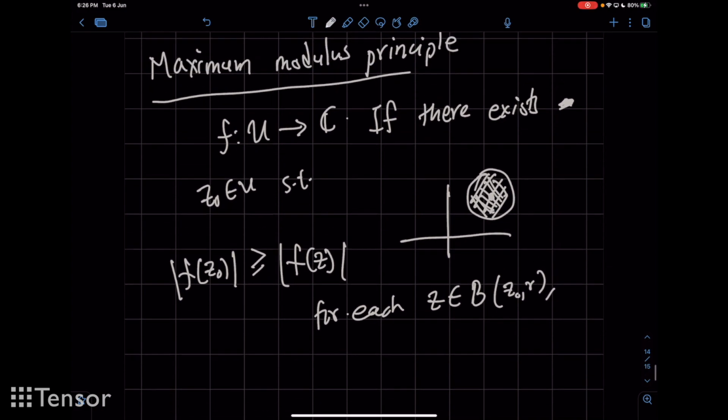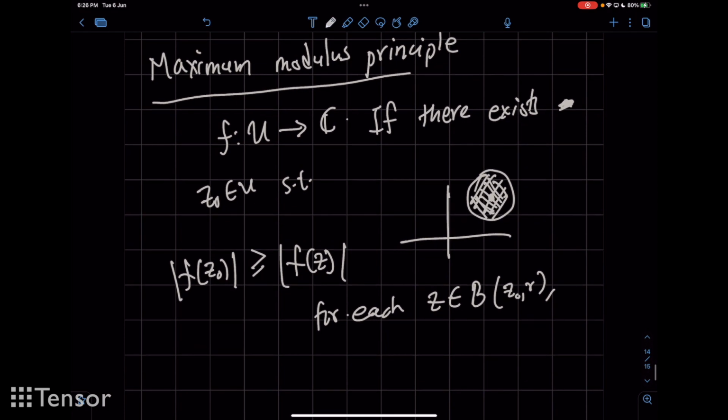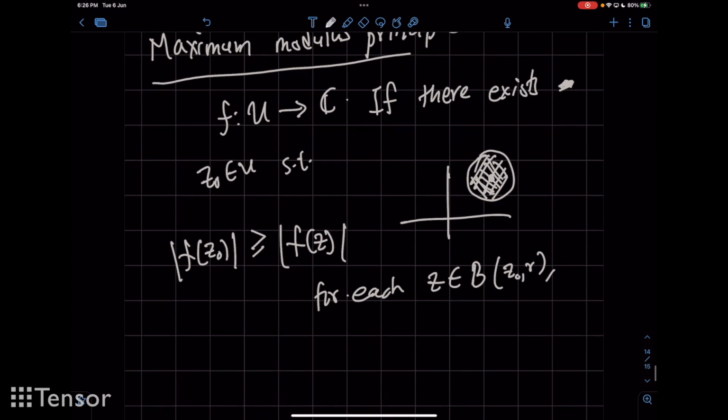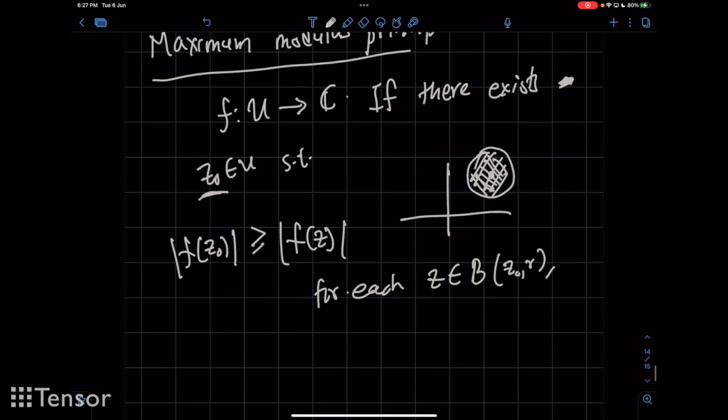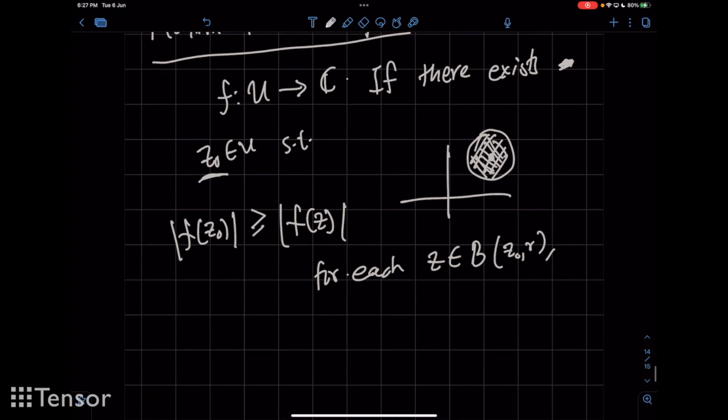The statement is basically saying that, well, I haven't finished this statement yet. Let me finish it first, then I can explain it again. So if there is some complex number in my domain such that the modulus of the function is highest at that point, then f is constant.